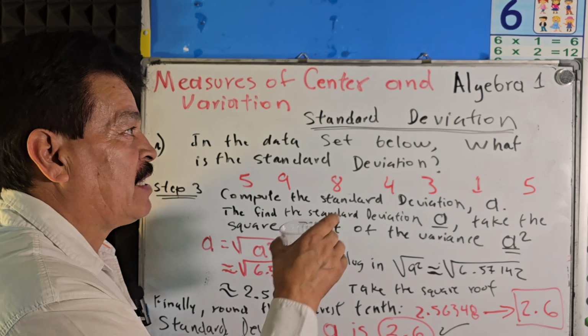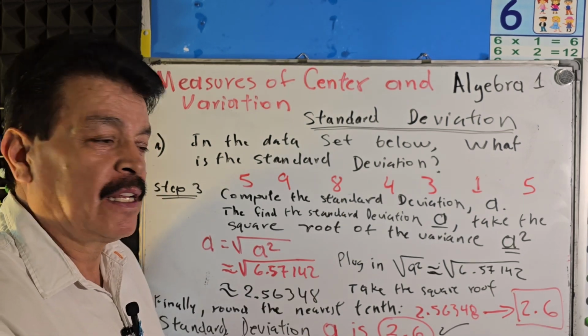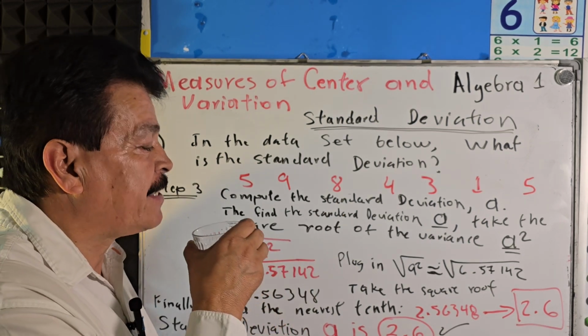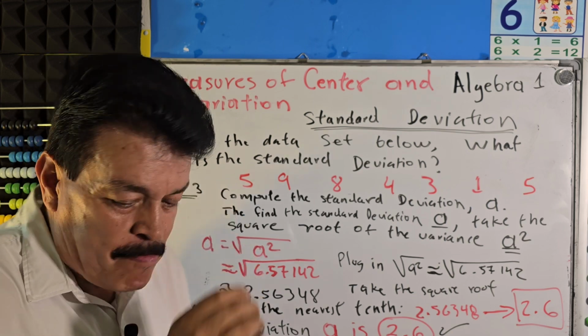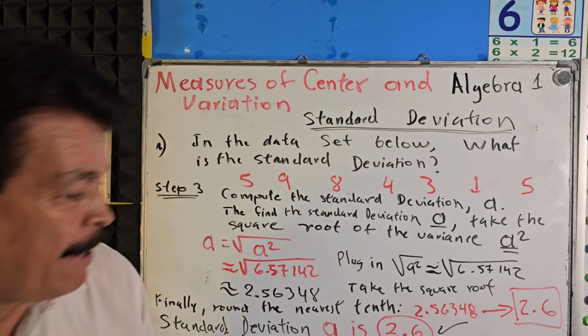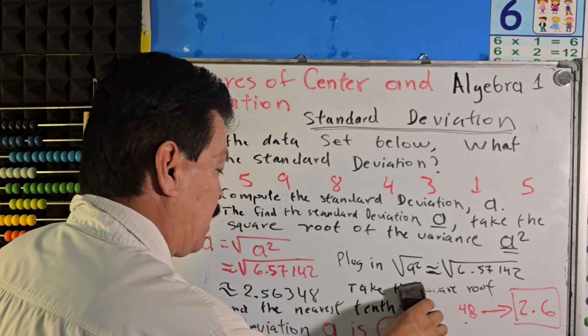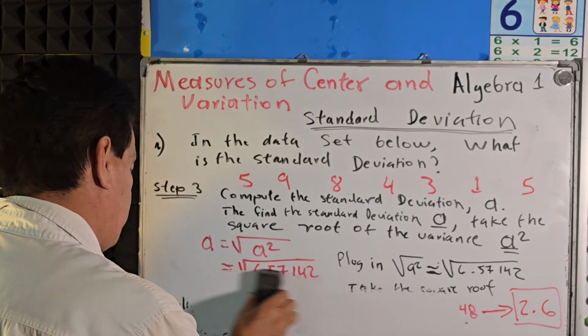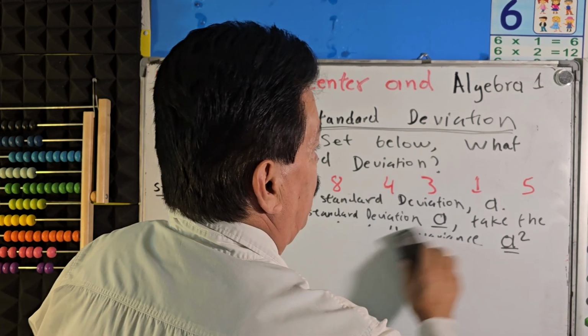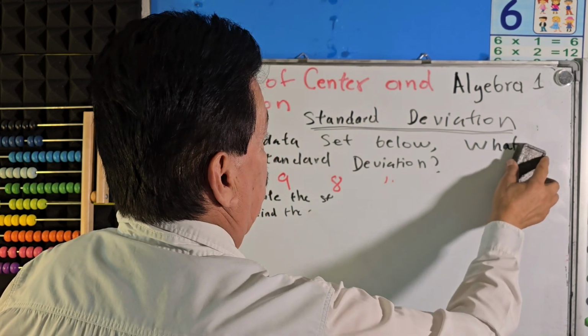That's why I show you in Algebra 1 this kind of concept that you need to understand in the future. Now you have this. Let's go to another important concept.